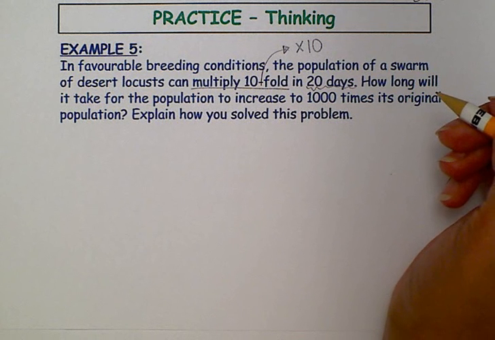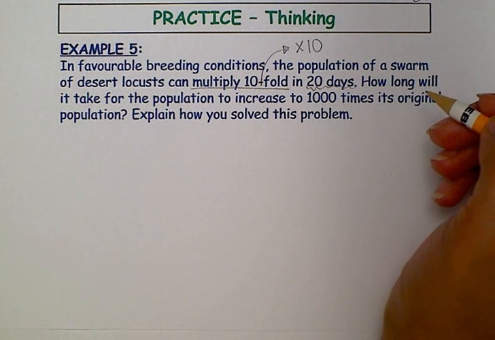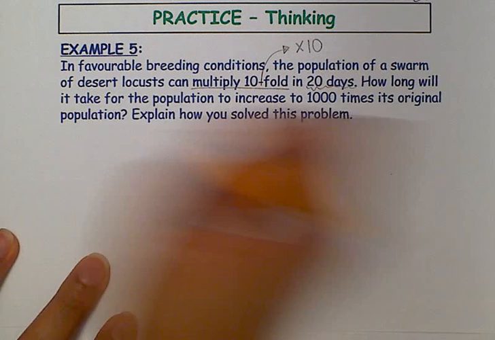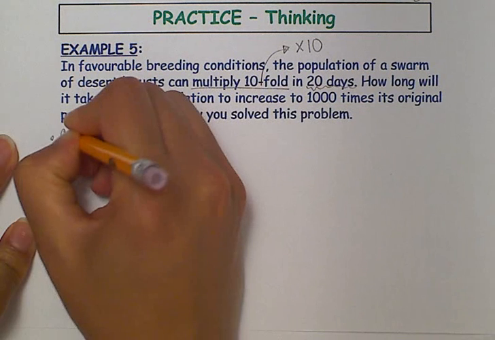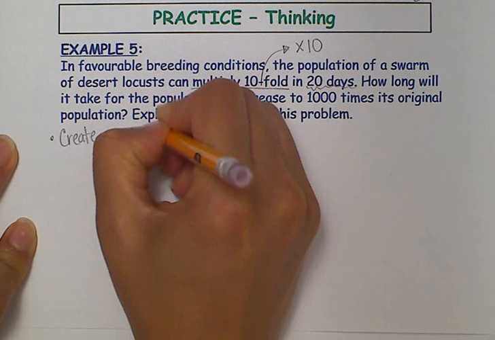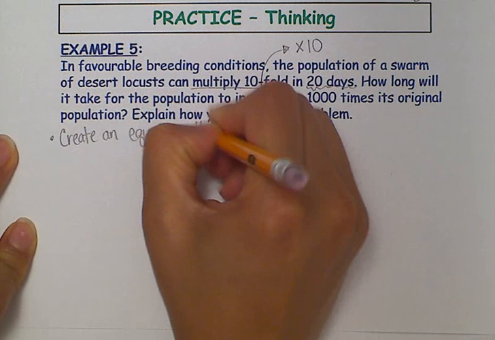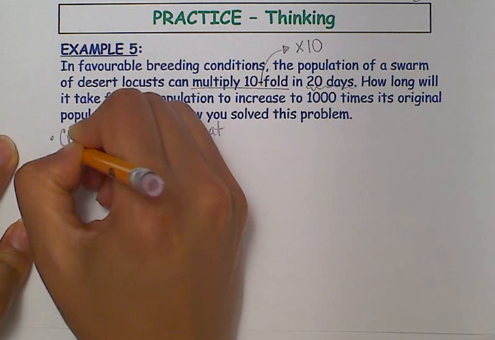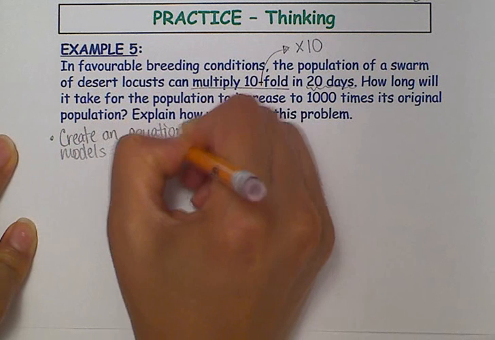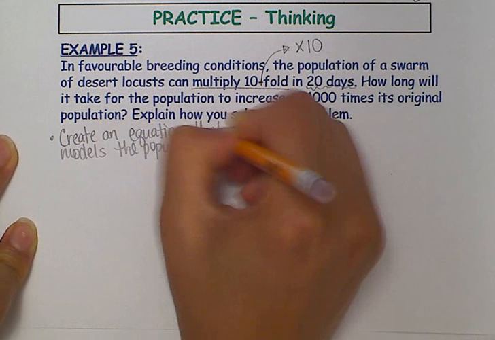To start, I'm going to explain as I go through the question. First of all, what I'm going to do is create an equation that models the population of the desert locusts.